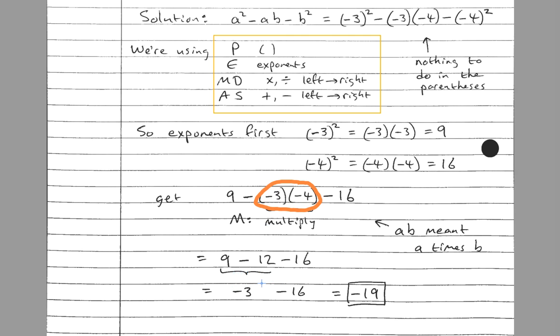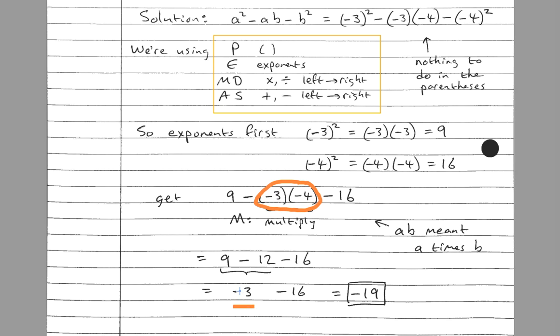Now adding and subtracting signed numbers. This is 9 minus 12, that's the same as 9 plus negative 12, and I hope you see the answer is negative 3. Then subtract 16.